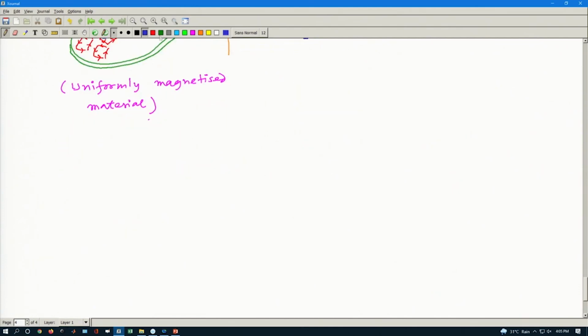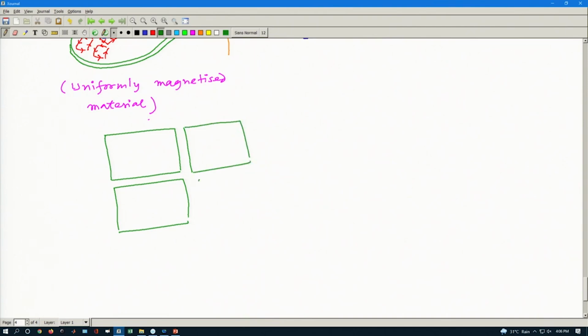So, I can draw a bigger picture: suppose these two current loops are present and we have another current loop here, and the currents are moving like this.